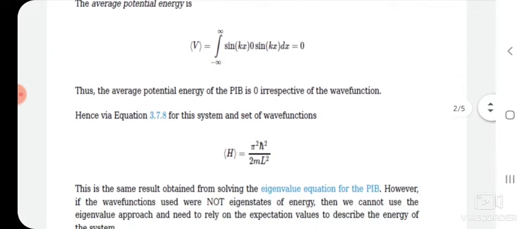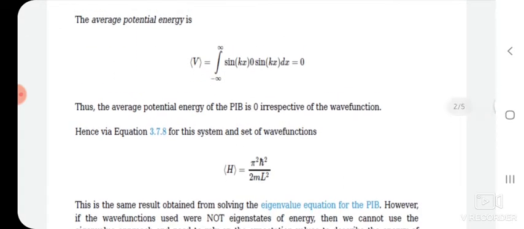Next, the average value for the potential energy. Now, our particle is moving along the x direction only within the limit 0 to L, but the potential energy of the particle inside the box is 0, while at the boundary at x equal to 0 it is infinite, and at x equal to L it is also infinite.